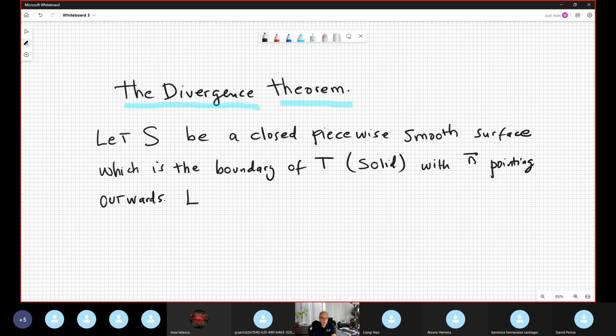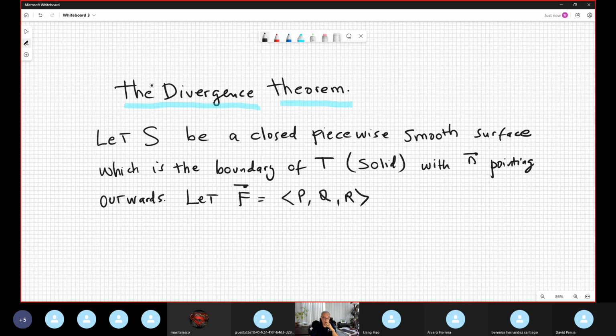And suppose that we have also a vector field PQR, and PQR, again, are continuous functions and also their partial derivatives are continuous.